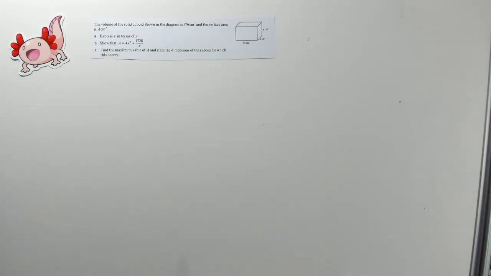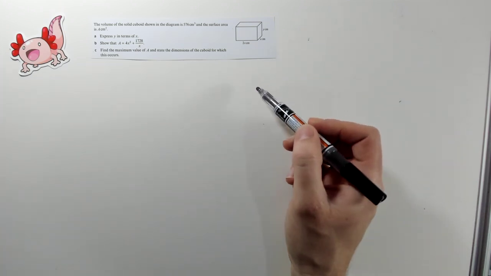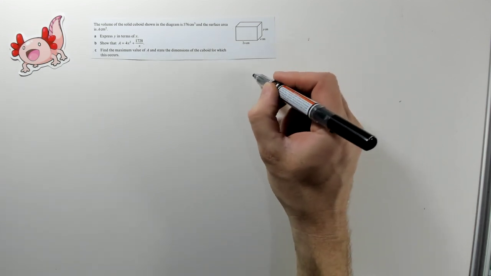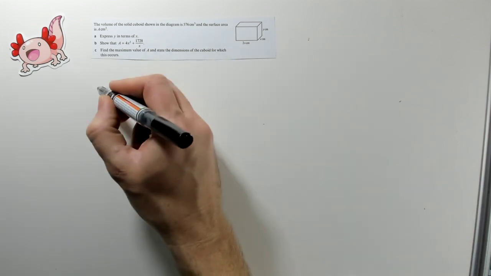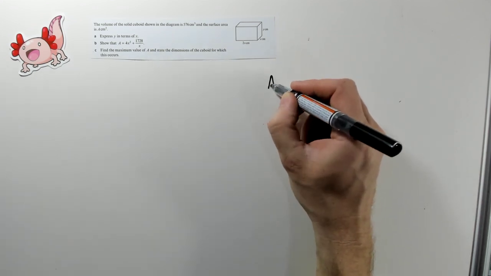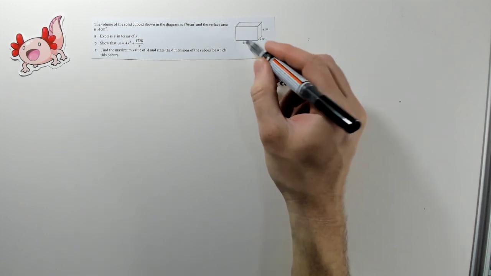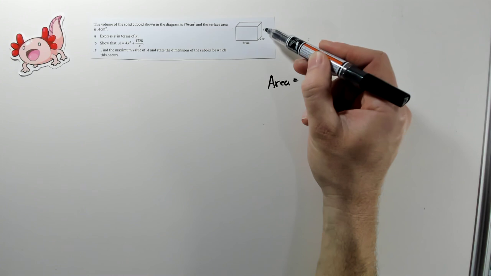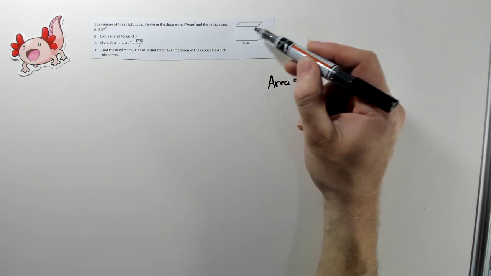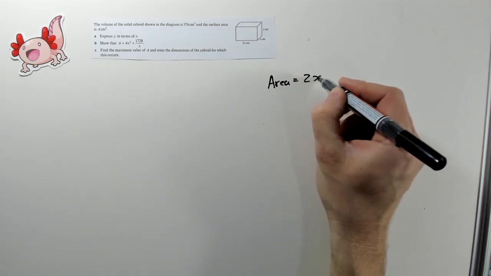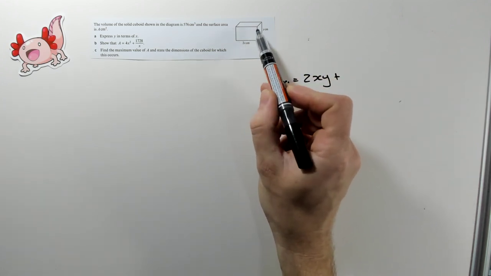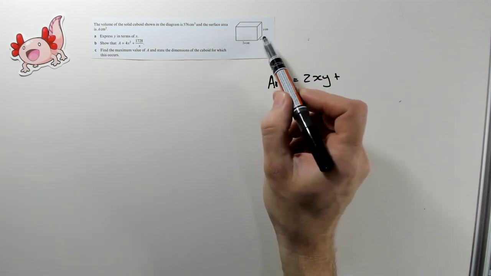So what I would usually do is start off with the formula for what I want. In this case, it's area. So area of this shape will be, there's an x and a y side, so it will be x times y, but there are two of them. So it's going to be 2xy plus, there's a 2x and a y side here, and then two of them.